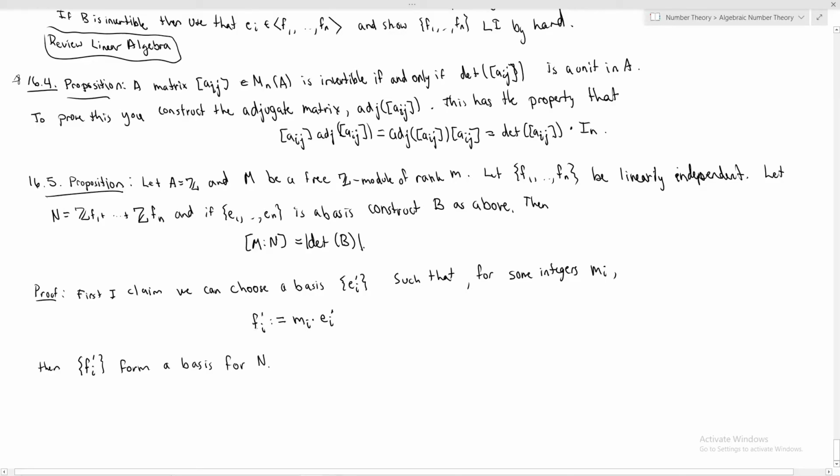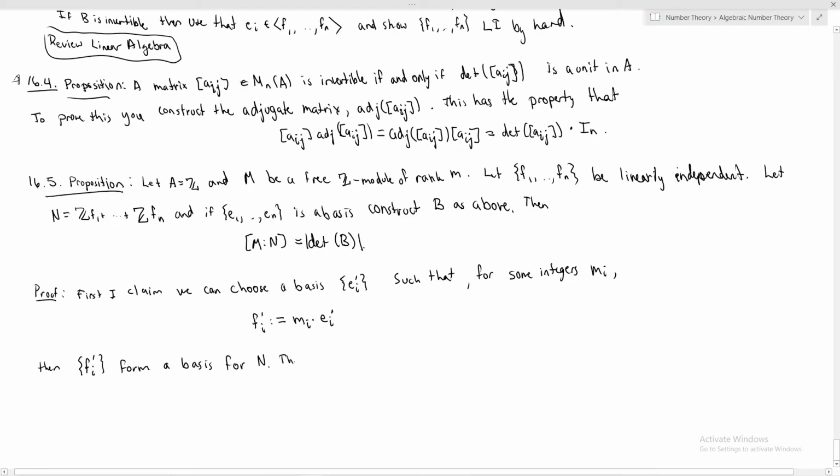Okay, so what is this saying? There are a couple different ways to look at it. One way is to say, okay, if I shift my view of M a little bit, so I change the basis that I am working with, then N is essentially taking each one of these basis elements and just scaling it. Another way to look at this is we're trying to diagonalize this matrix B. So what do I mean by this?